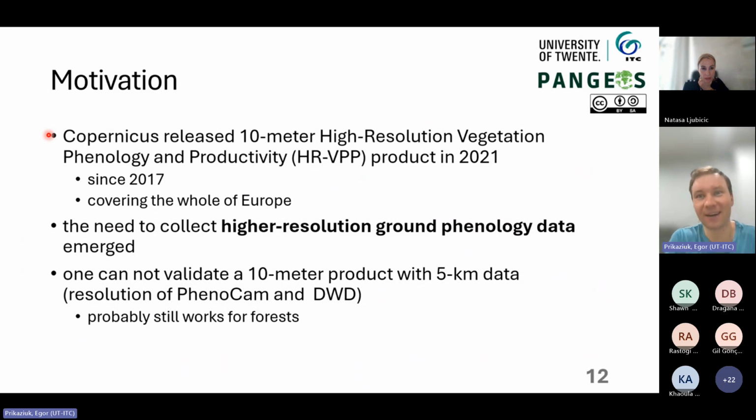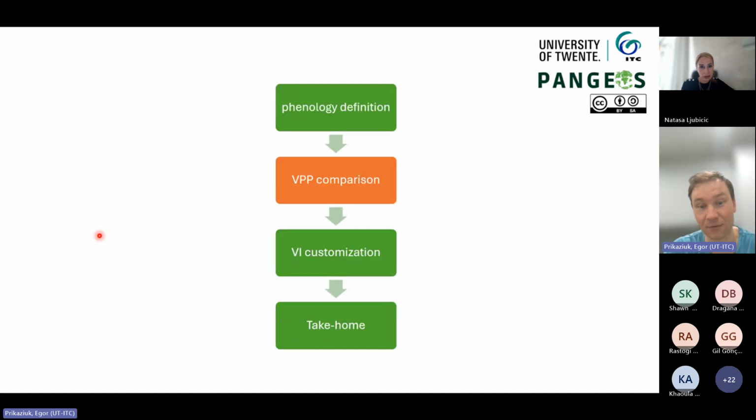You don't know when the field is planted, when the crops emerged, when the field was harvested, unless you have been collecting this data. So the first gap, the need to validate, is because the product is new. And the second gap is that there is no data to validate because nobody collected the data at so fine a scale. And so that was our task.